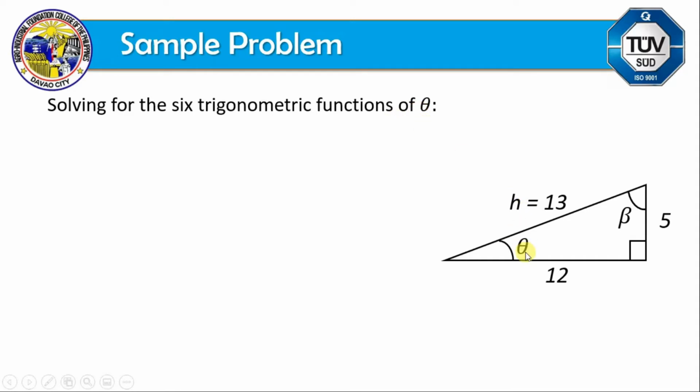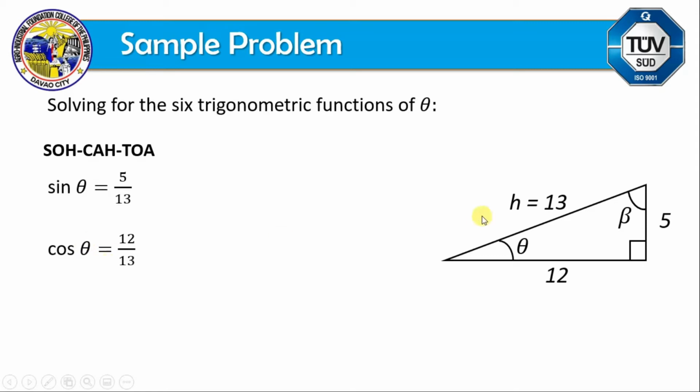Now, this is theta. So what are the 6 trigonometric functions? First, let's use SOHCAHTOA. For the sine of theta, it is opposite over hypotenuse. The opposite side of theta is 5, over the hypotenuse, 13. The cosine of theta is adjacent over hypotenuse.